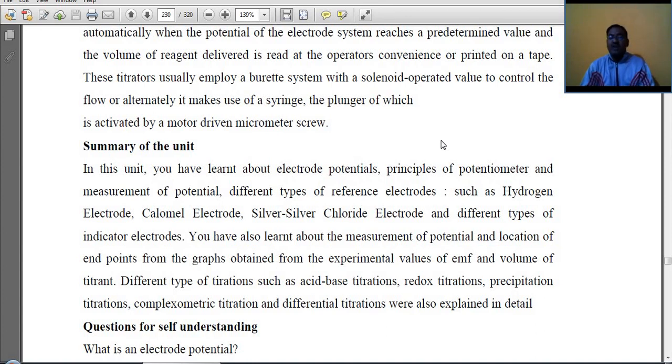You have also learned about the measurement of potential and location of endpoints from the graphs obtained from the experimental values of EMF and volume of titrant. Different types of titration such as acid-base titration, redox titration, precipitation titration, complexometric titrations and differential titrations were also explained in detail.